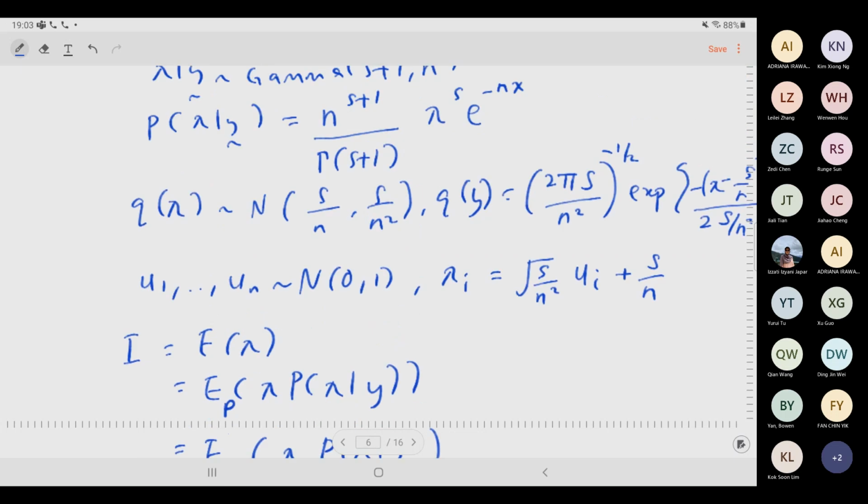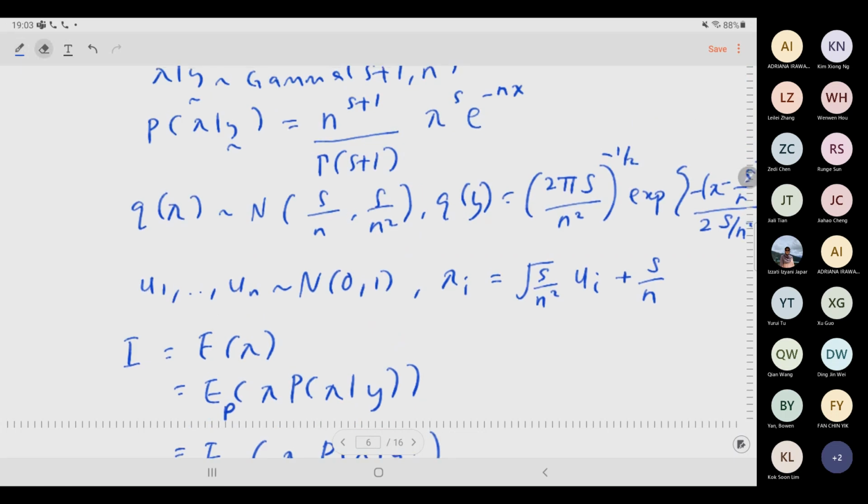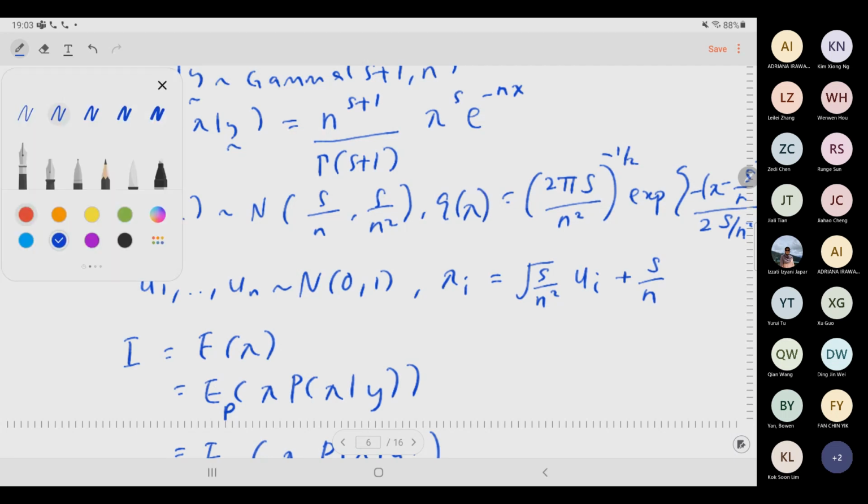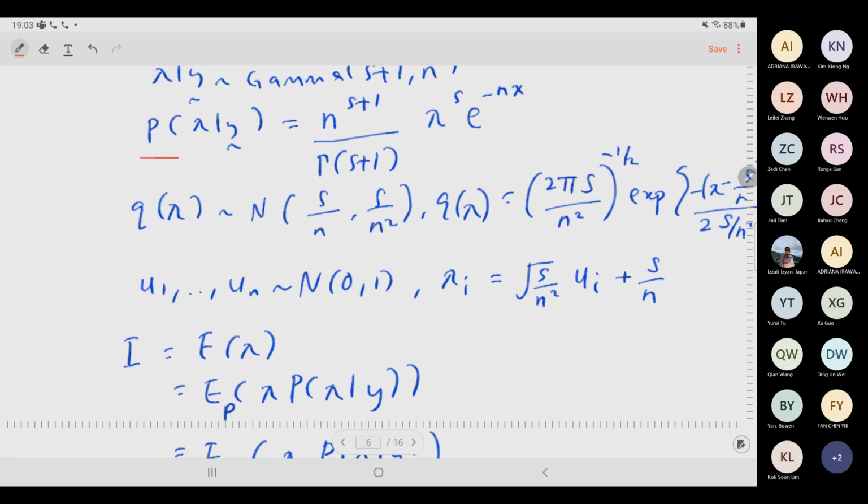Long means that you have to divide. This is in lambda. So you have to divide your P by your Q. This whole function, divide by this whole function. You cannot take out any constant or simplify.